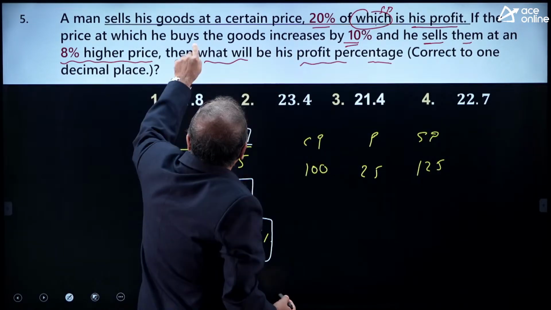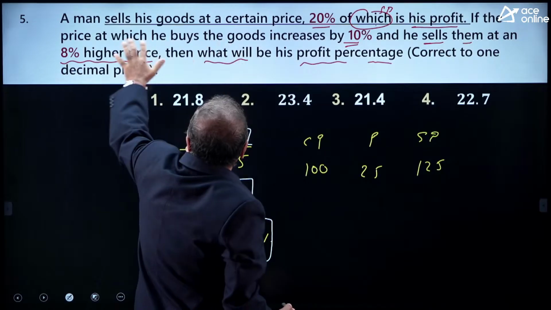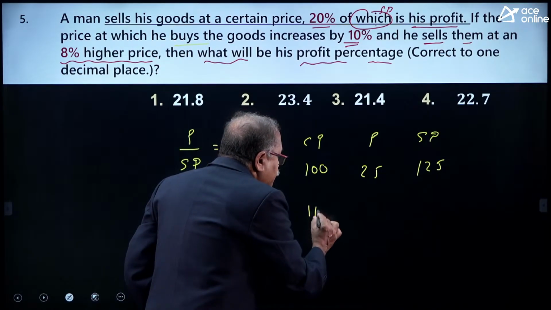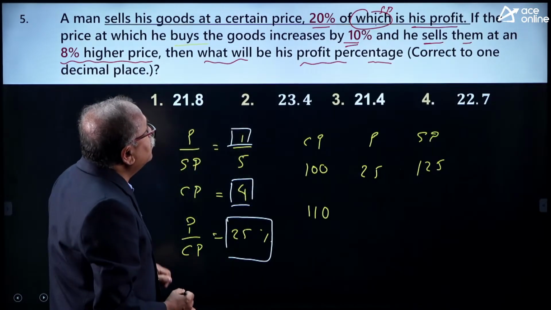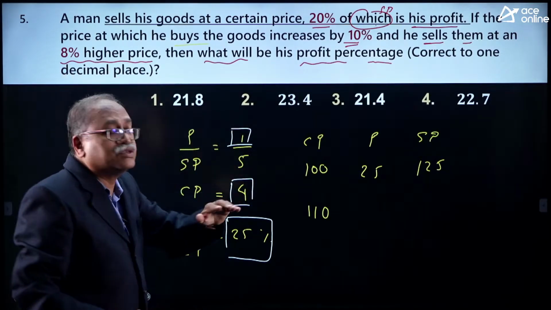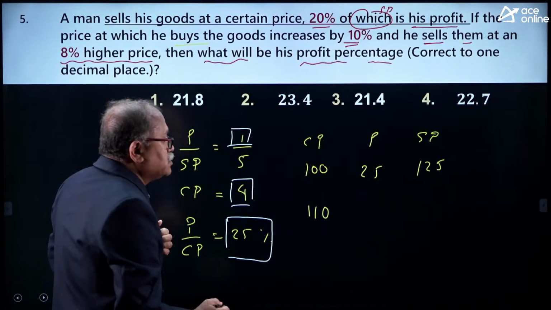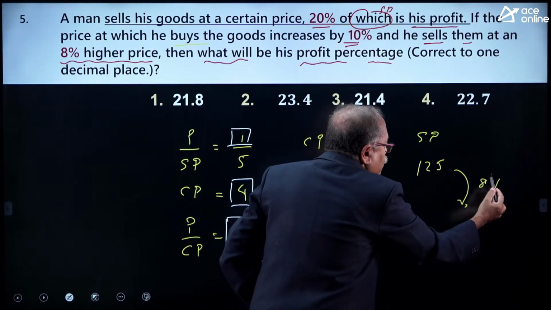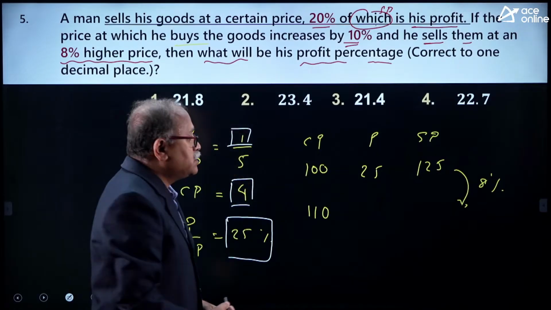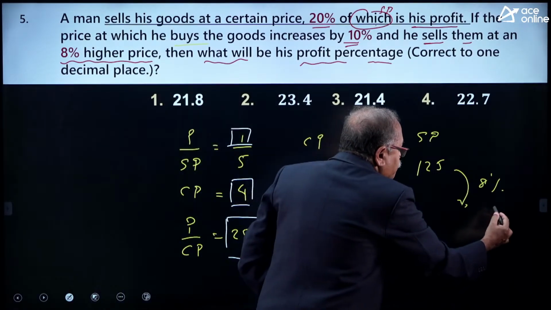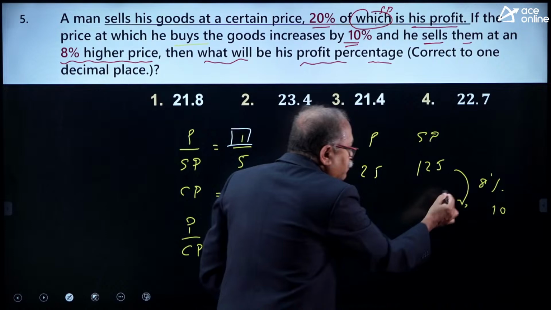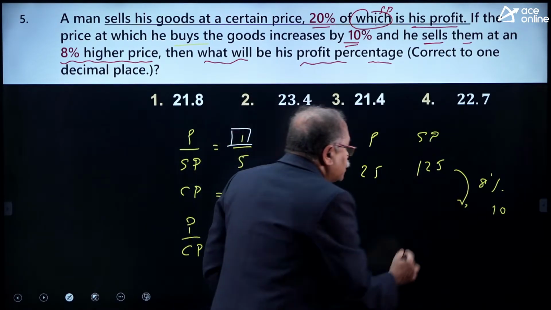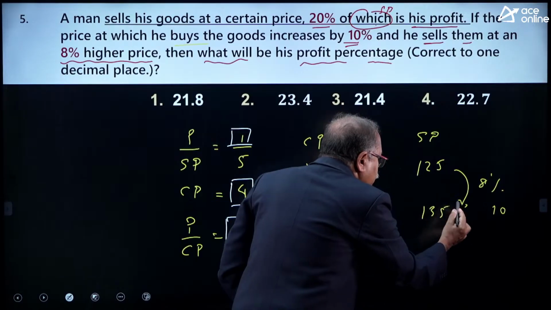Now, it is said that the cost price is increased by 10%. So, it has become 110, right, and he sells it at an 8% higher price. So, what is 8% of 125? That is nothing but 10. So, when you increase it by 10, the new selling price will be 135.